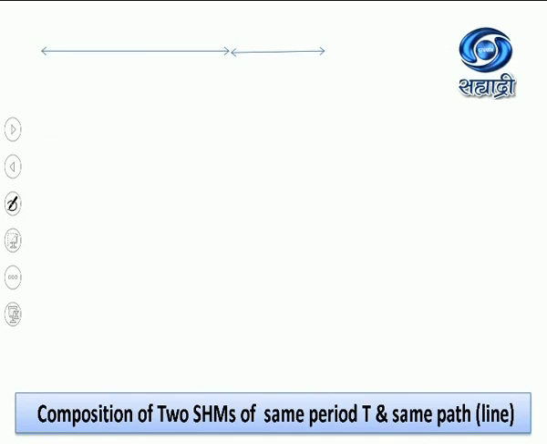These things we are now going to discuss under the topic composition of two SHMs, under the condition that the two SHMs must be of the same periodic time and taking place along the same path.